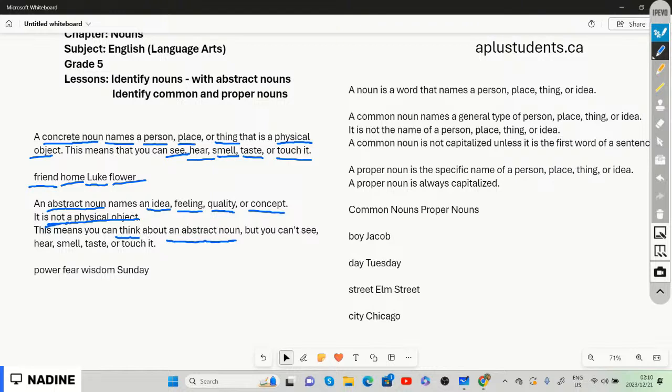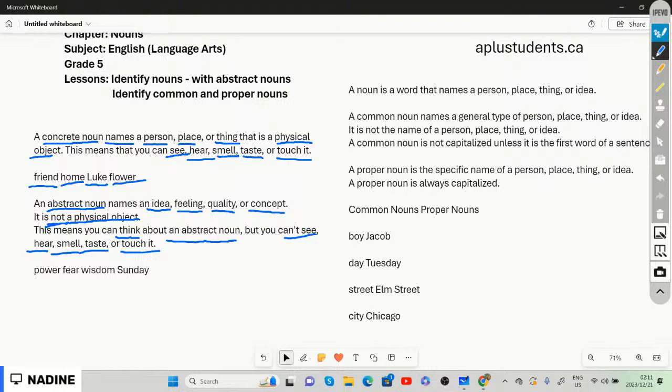We feel abstract nouns, not feel as in physical, but you feel it emotionally, your sadness, happiness, and so on. We think about abstract nouns, but we cannot see them, hear them, smell, taste, or even touch abstract nouns.